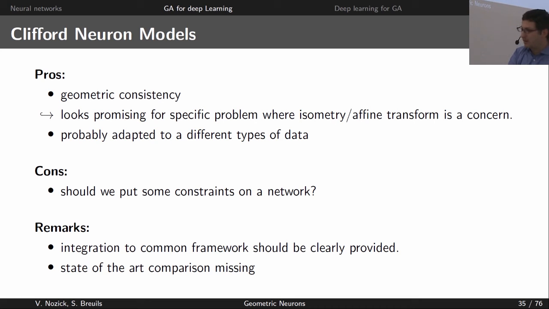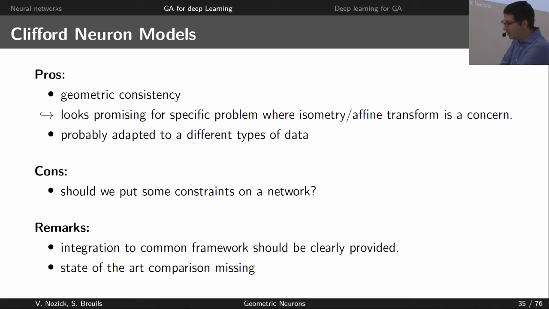So if we make a small consideration of what we just said, what are the good properties that we may want to use with this kind of geometric algebra for deep learning? Well, here we have a geometric consistency. So we know that the data we compute will conserve some geometric property, and that could be super interesting.